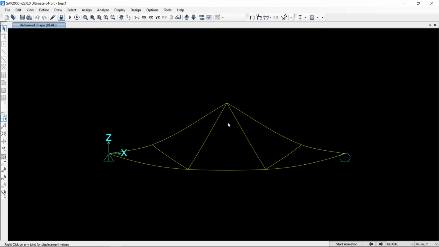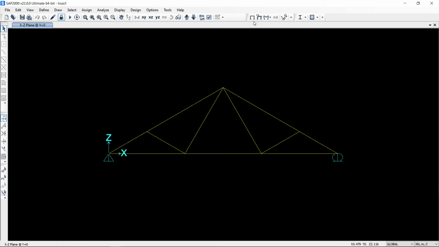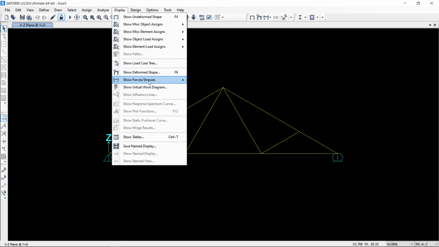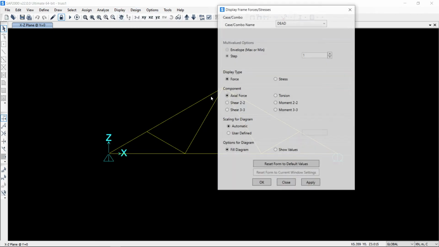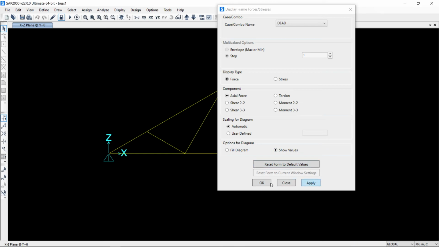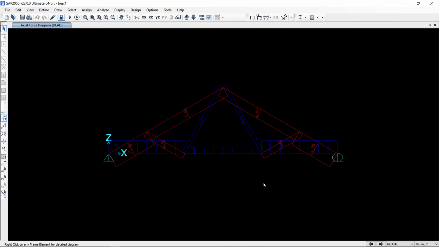This is the deformed shape. We are not interested for the time being in the deformed shapes. Let us display the forces. We want to see axial forces. We want to see the values. Okay, so here are the values. Let us check.